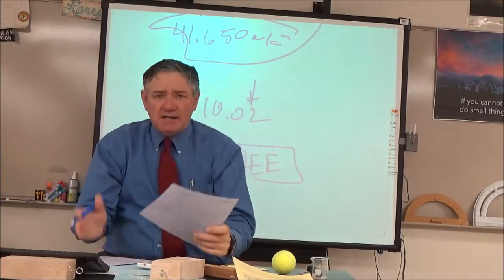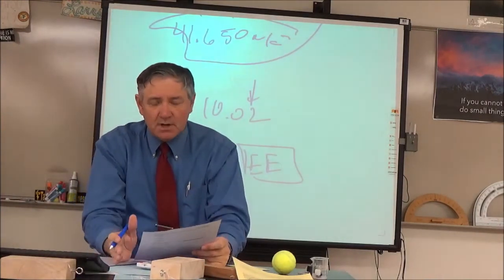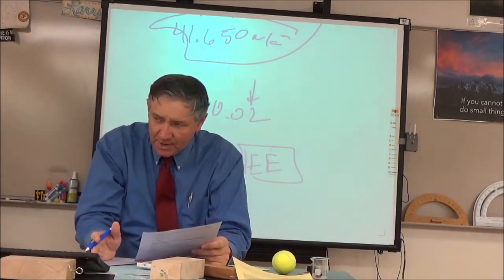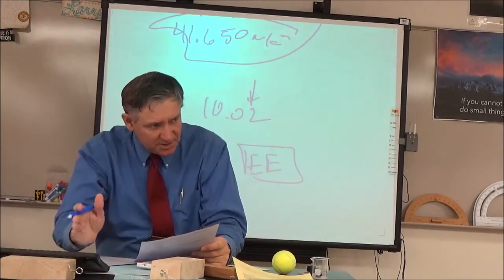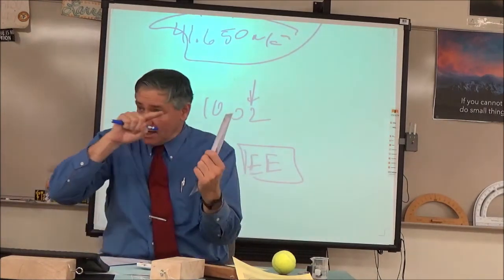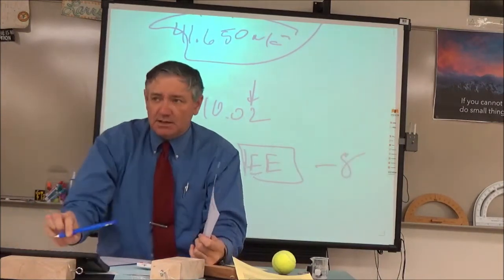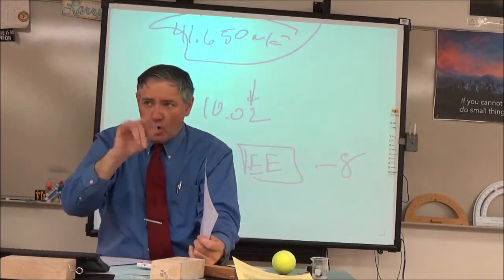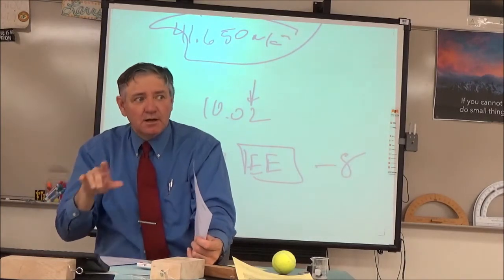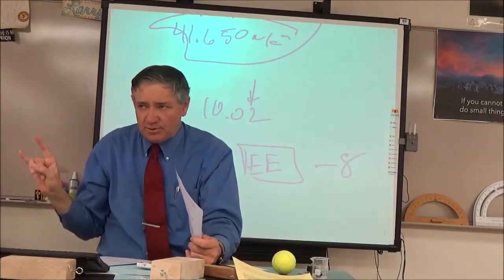Do not type in times 10 because it's going to screw up your order of operations. So go 6.60, EE key, and then punch in negative 8. Don't type in times 10 because it's going to completely jack up your order of operations.